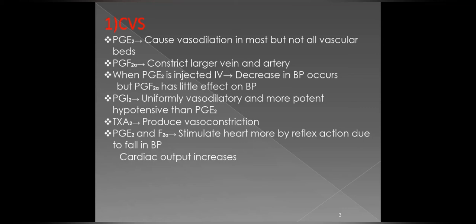Thromboxane A2 produces vasoconstriction. Prostaglandin E2 and F2 alpha can stimulate the heart more by the reflex action due to the reduction in blood pressure, and cardiac output increases.